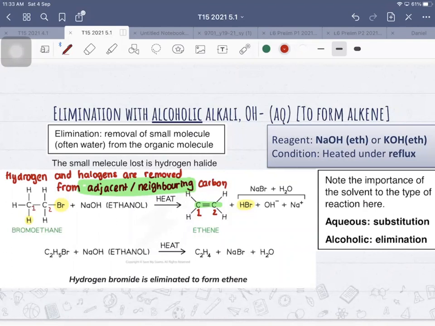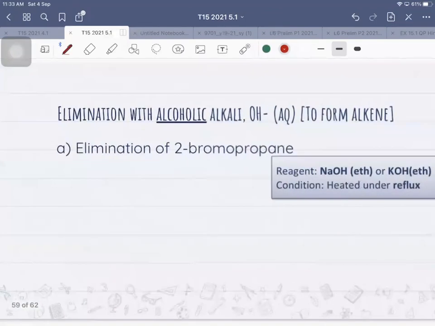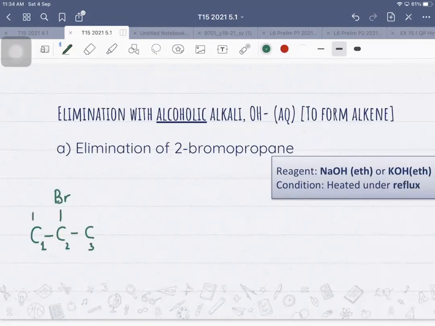Are you done? Okay. Right, thank you. Moving on to the example, elimination of 2-bromopropane. So this is straightforward, okay? So propane, and there is a bromine on the second carbon. 1, 2, 3, okay? And the rest of the molecule is just your hydrogen.